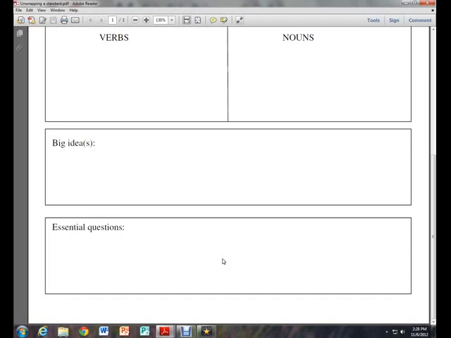Essential questions are not going to be able to be answered with a simple yes or no response. Essential questions don't always have a right or a wrong answer, but they're really going to be used to help guide and to push the discussion further as it relates to that particular standard. Hopefully that provides you an example of what it means to really unwrap and unpack an English language arts standard.